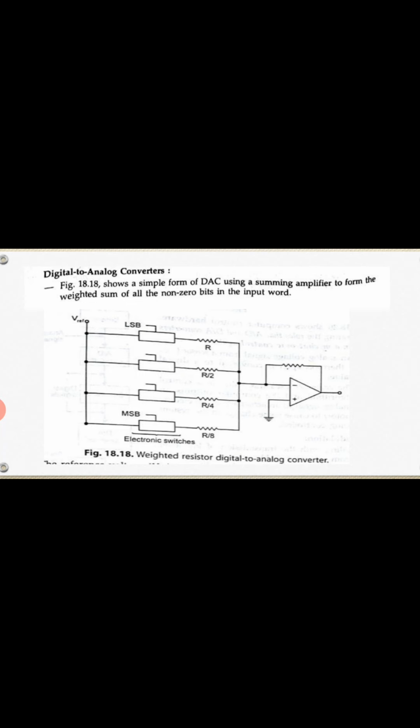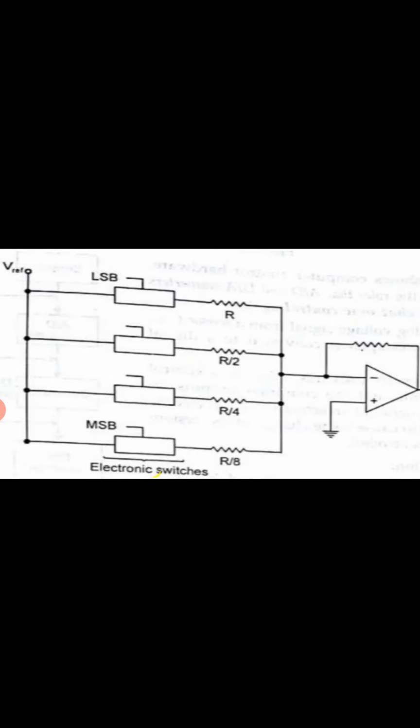Depending upon the digital input, you are giving the digital input to the electronic switches and it is converted to analog output. Here different resistors are used: R by 8, R by 4, R by 2.